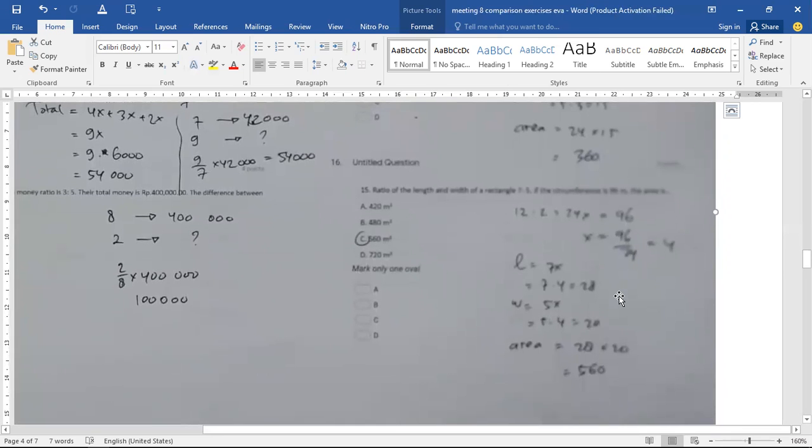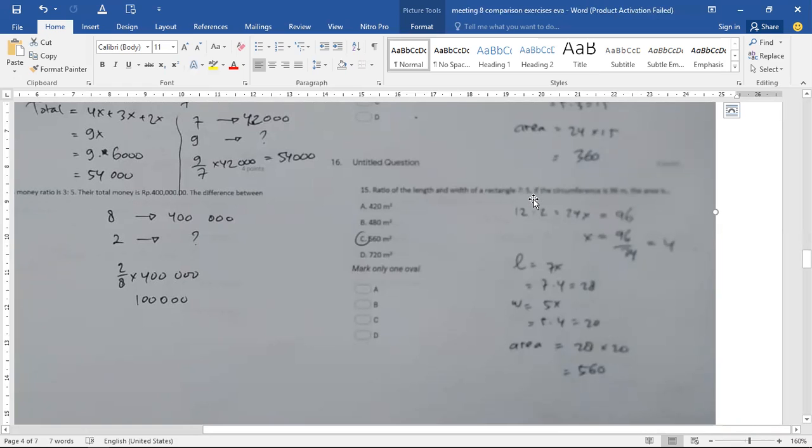Number 15 is similar to number 14, only the numbers are different. So let's do this exercise. The ratio is 7 and 5. The circumference is 96.